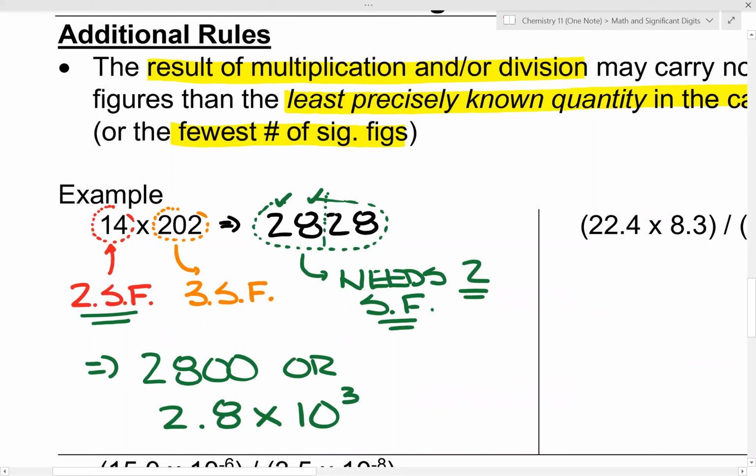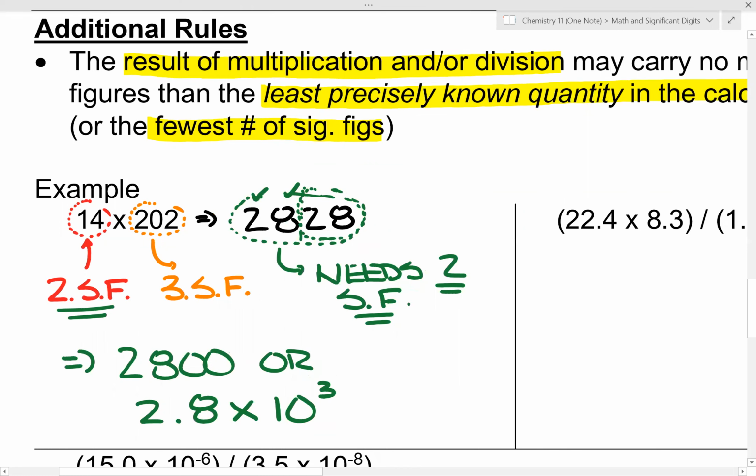Okay, so again, when you were counting the rounding off, you started on the left, and then you ended off at the 8. So you had to figure out, what do I do with a 2.8, and you round down.